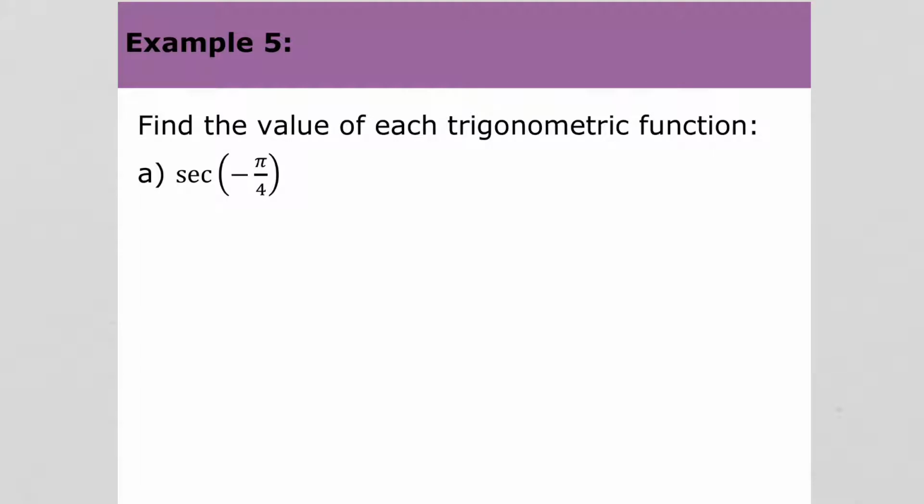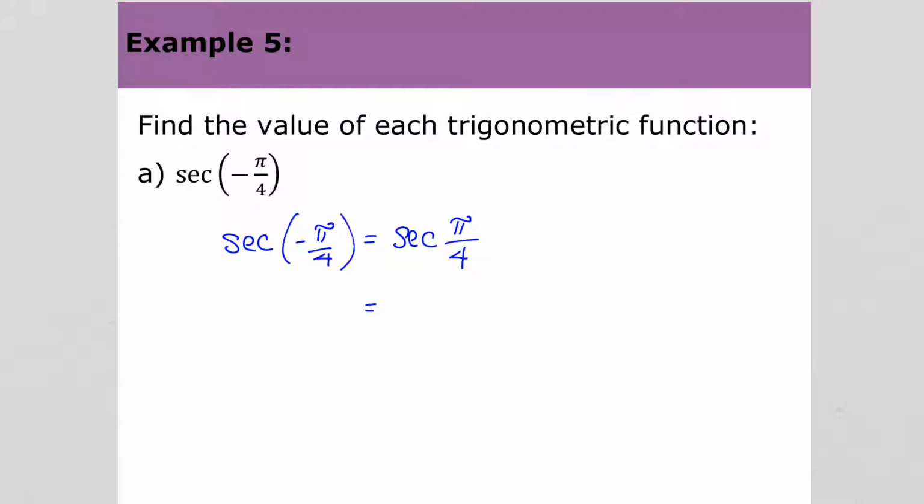So example 5 asks us to find the value of each trig function. So using our property, the secant of negative pi over 4 is the same as the secant of positive pi over 4. Okay, so we can just take our 1 over x for pi over 4, or go back to our list.